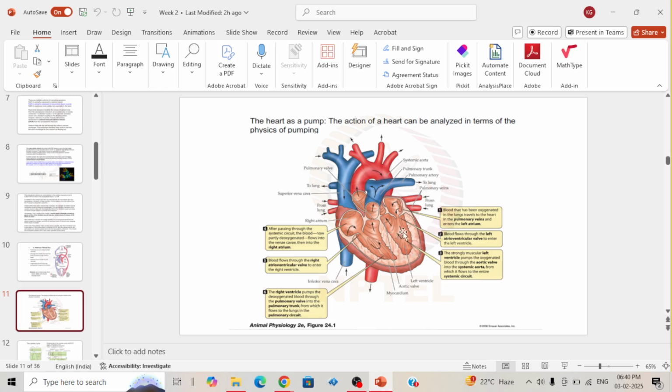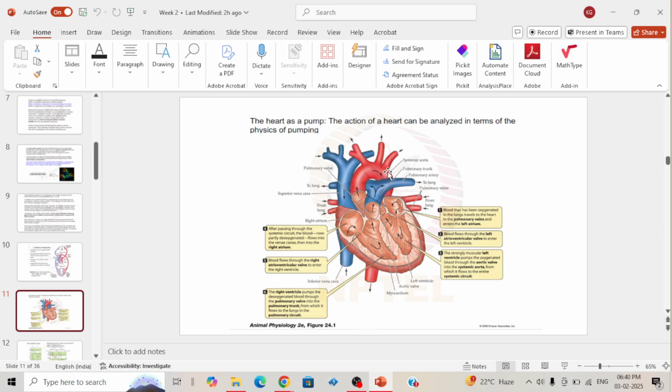Again, the ventricle will contract, it will generate some pressure, which will lead to the opening of semilunar valves present in the aorta. Here we have the systemic aorta. Okay, it is an artery.